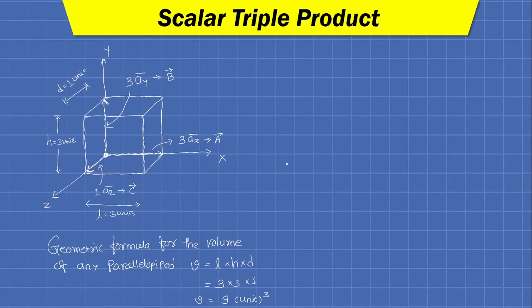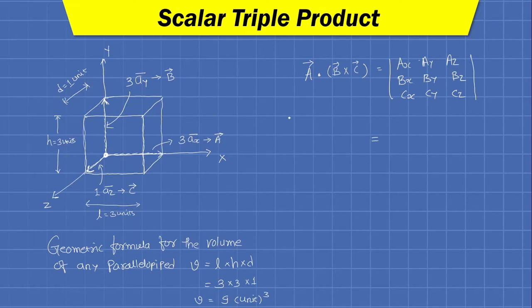So if we say that the scalar triple product of any three vectors defines the volume of the parallelepiped, then if I perform the scalar triple product on these three vectors, a bar dot b bar cross c bar, which is nothing but the determinant of ax, ay, az, bx, by, bz, and cx, cy, cz.